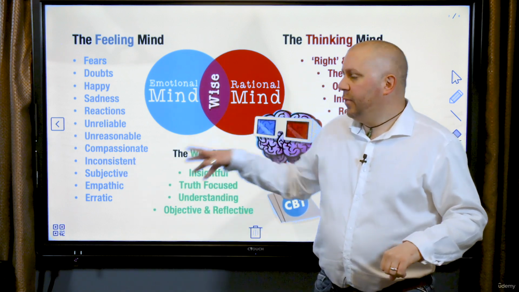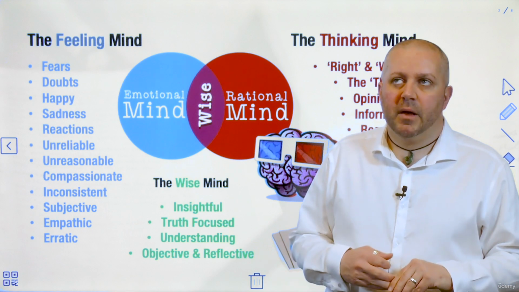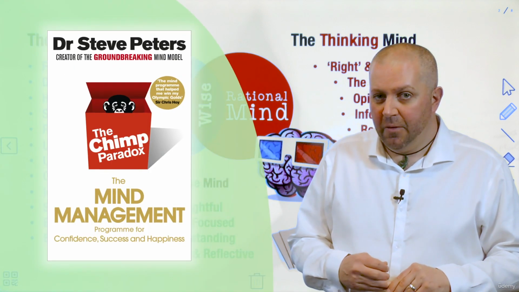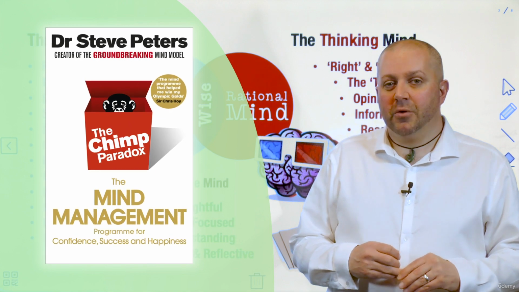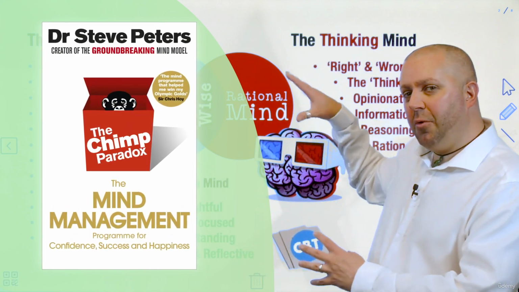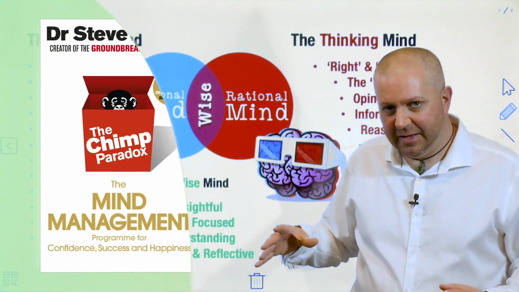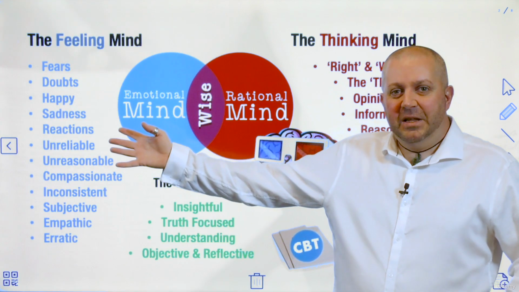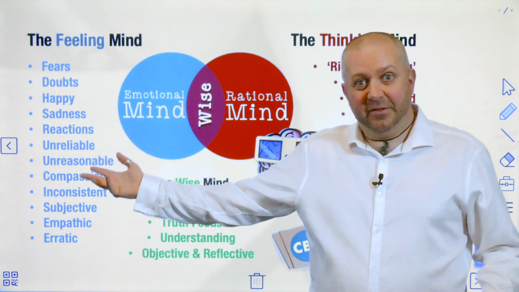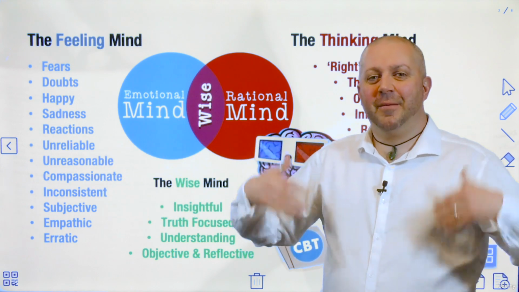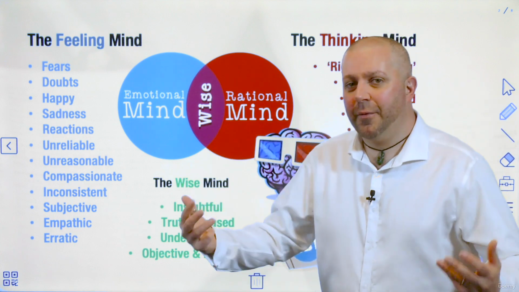So there was a fantastic book written around about 7 or 8 years ago called The Chimp Paradox. Right, and this was written by an author named Dr. Steve Peters. And what he'd done was he's kind of taken this model and broken it down very, very simplistically. 2 parts of the mind. There's the part of our mind that kind of leads us to behave like a bit of a chimpanzee sometimes, a little bit erratic, where our actions and our behaviours are born out of our emotions.